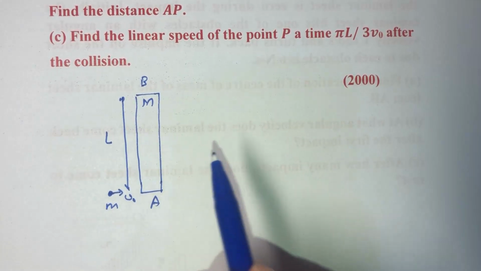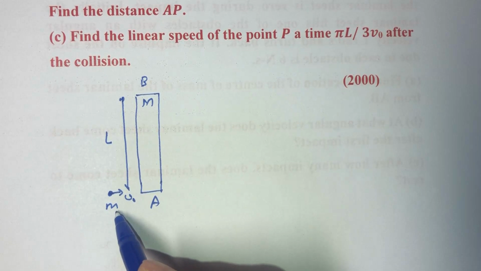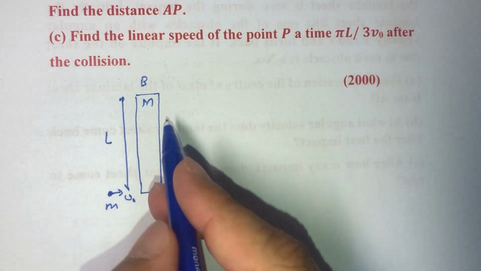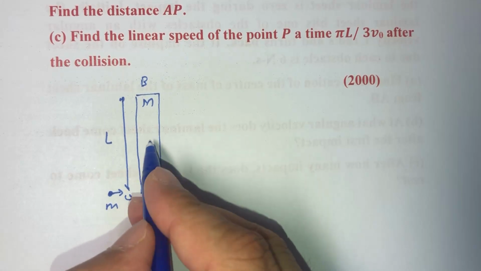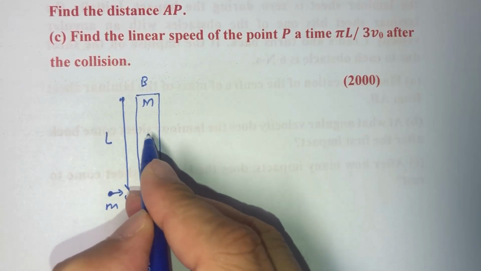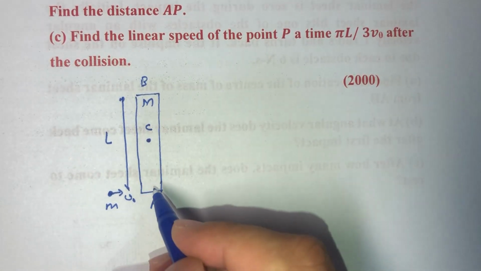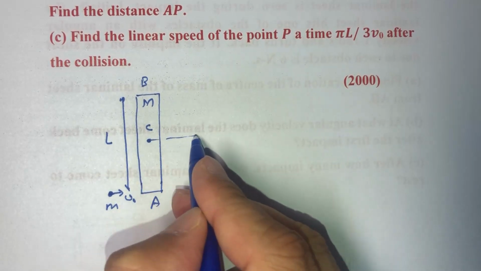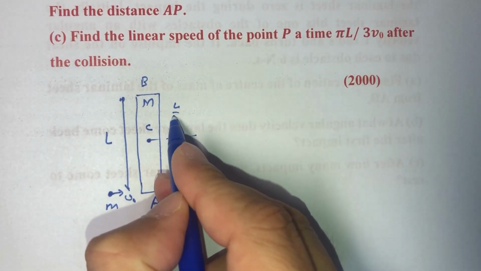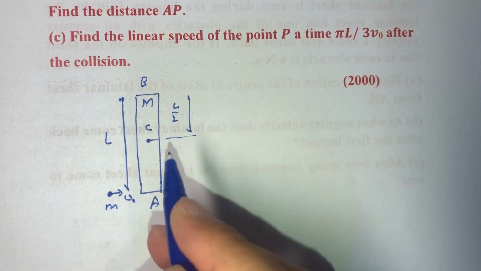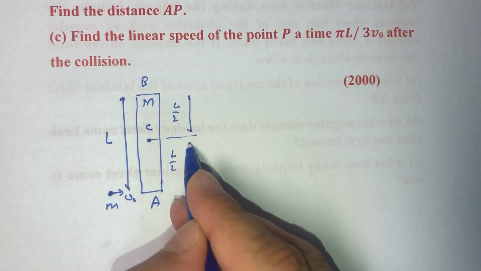First, we have to find the ratio of small m to capital M. Let C be the center of mass of this rod. Therefore, this portion will be L by 2, and this portion will be L by 2.